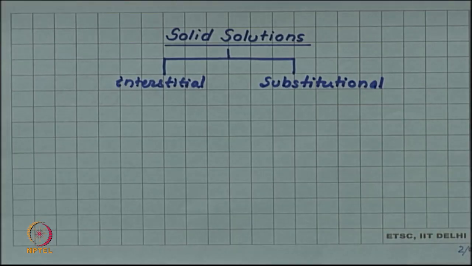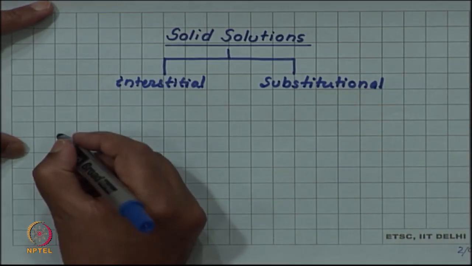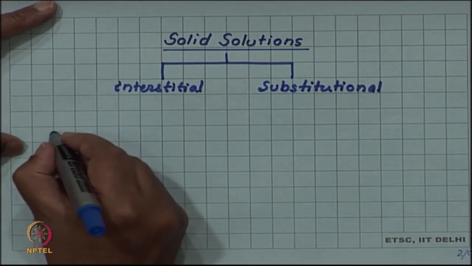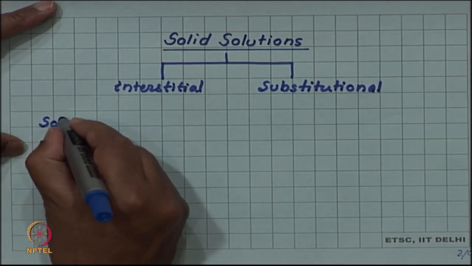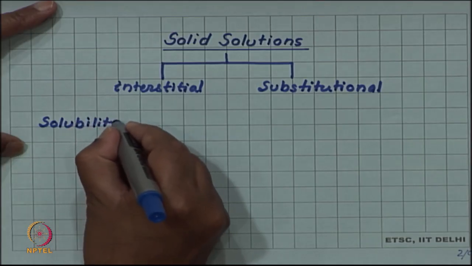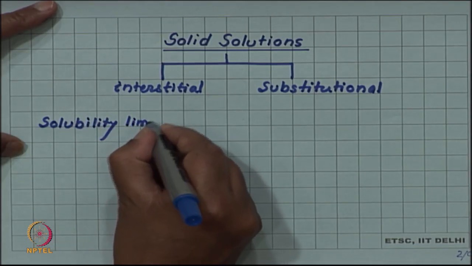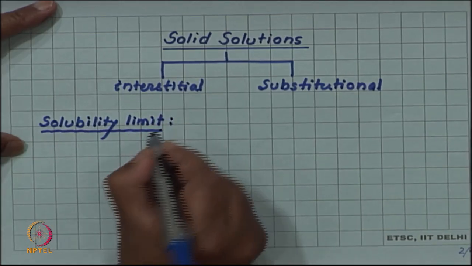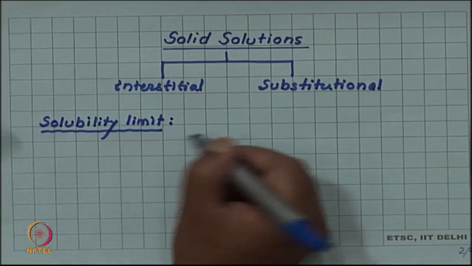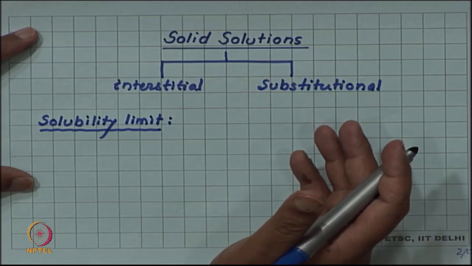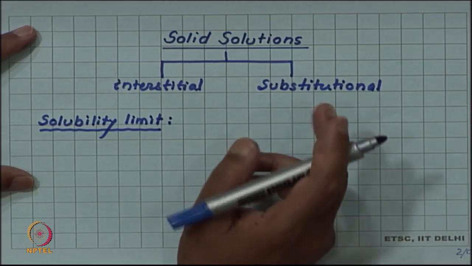We also saw that in some solid solutions, some solid solutions have solubility limit. Solubility limit, meaning that there is a maximum amount of solute, there is a fixed maximum amount of solute which can be introduced into the solvent.